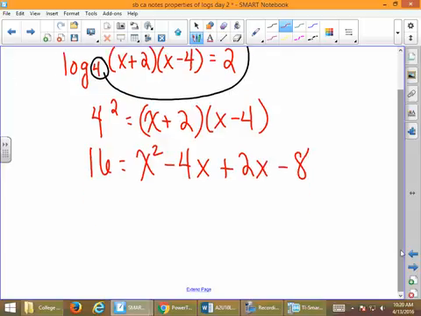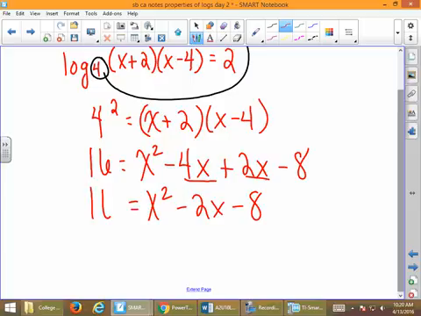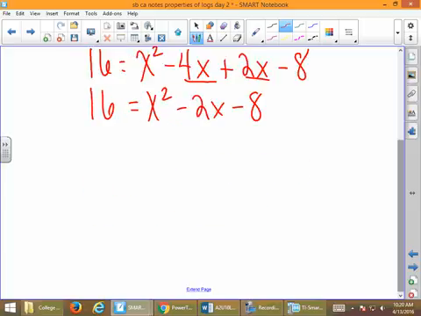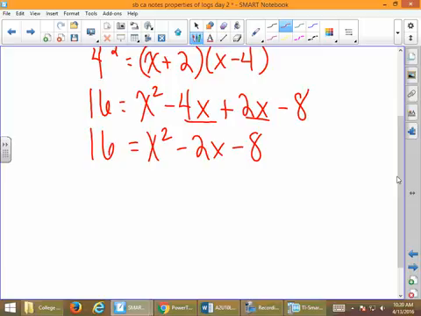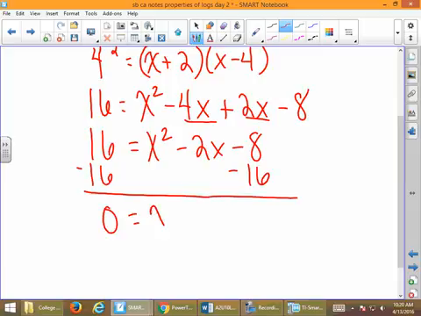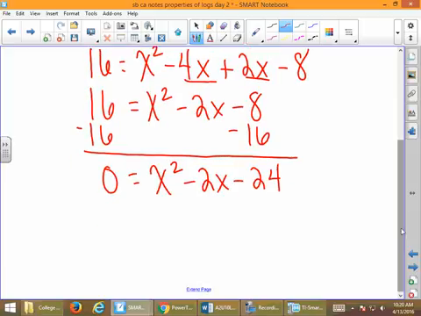First, outer, inner, last. If we combine the like terms here, we have x squared minus 2x minus 8 equals 16. If we move the 16 back over, we get 0 equals x squared minus 2x minus 24. And then we are going to factor.